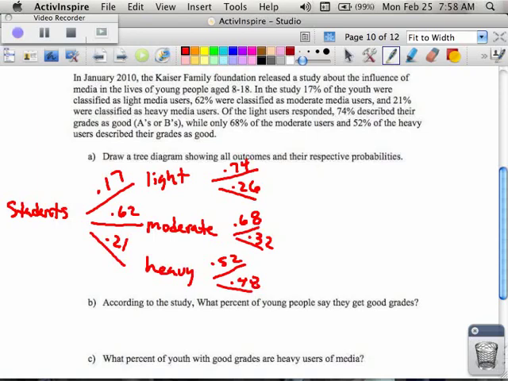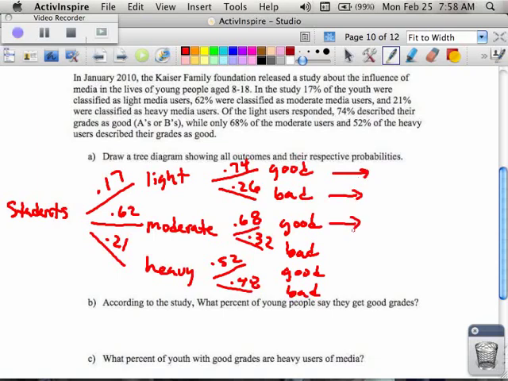And then using the knowledge that these were the good grades and these were the bad in each case, we can see what each of these likelihoods is going to be by multiplying their probabilities.